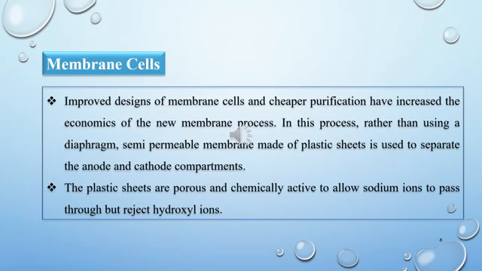And as we have discussed for the diaphragm cell, the disadvantage of its usage is that it will produce asbestos pollution. So what cell is remaining now? The most beneficial and most important method is now the membrane cell process, which is very important as compared to the other two processes, because the other two processes have disadvantages.